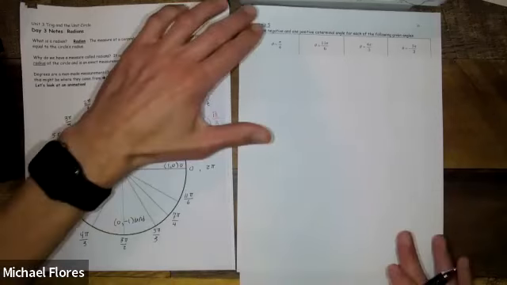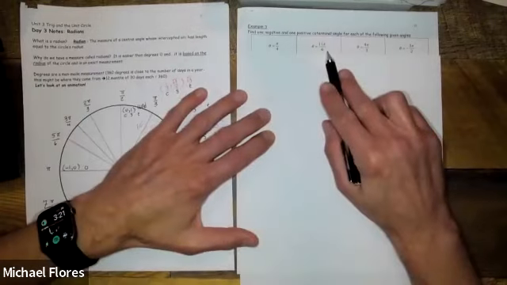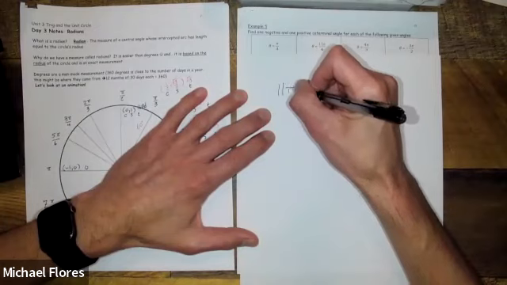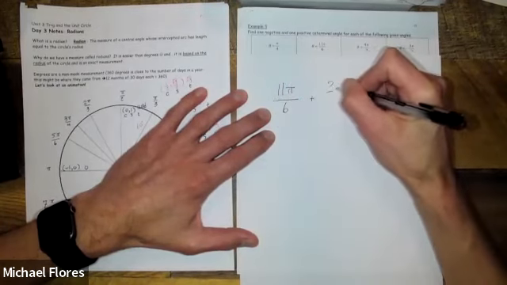Okay, let's find the negative and positive coterminal angles for 11 pi over 6. Let's start with the positive. We need to add 2 pi to that.